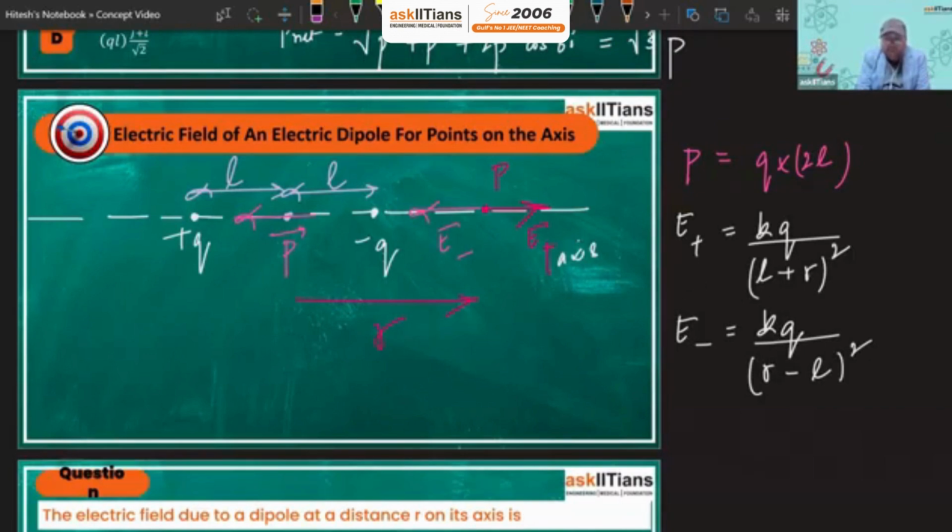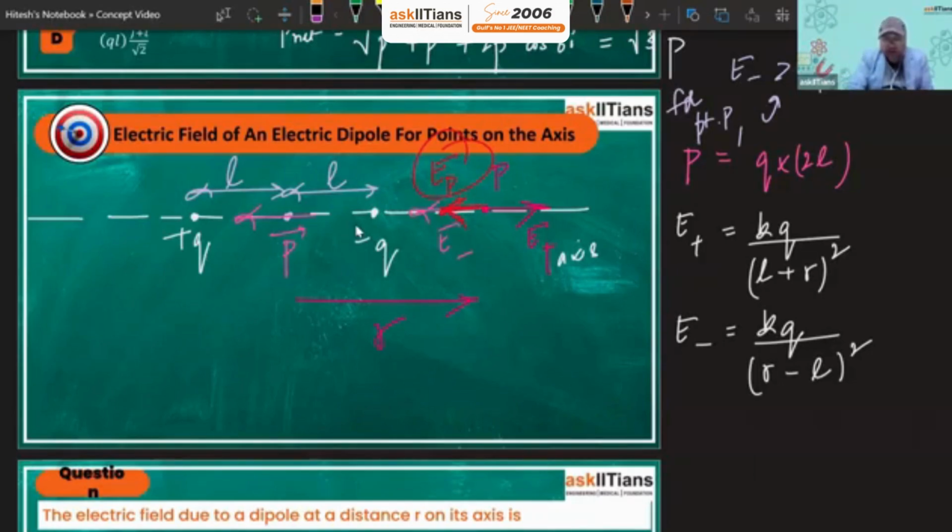Obviously from these expressions I can tell mathematically that E minus is greater than E plus for point P, because the denominator is less here and the numerator is the same in both cases. So the net electric field E at point P should be in this direction, which is the direction of the electric dipole moment.